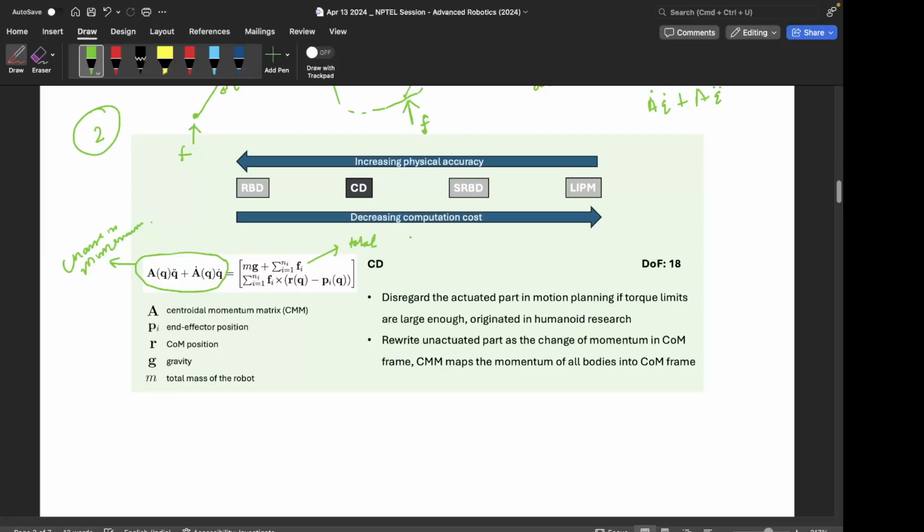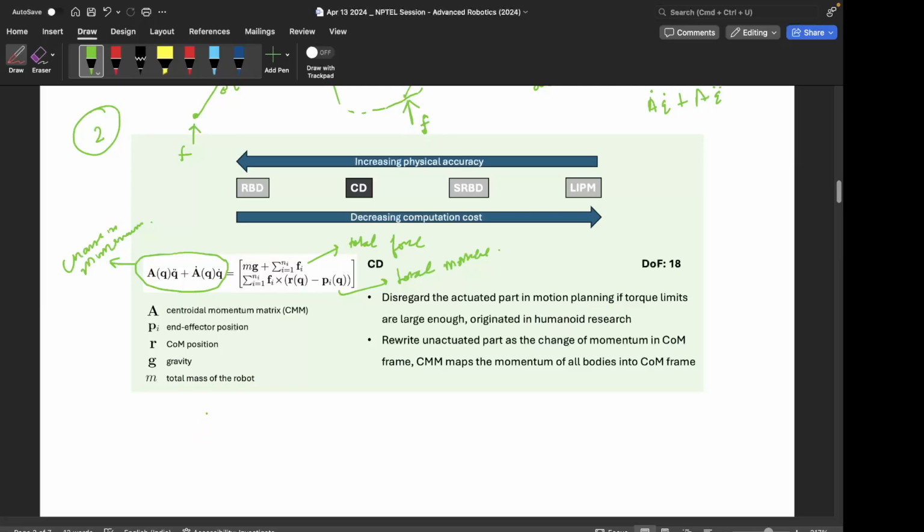total force acting and total moments. So sum of forces and moments, right? So mg is the weight, sigma f_i is the sum of all the contact forces, and the second, this lower part, corresponds to the torques or moment generated at the center of mass due to the contact forces, right?